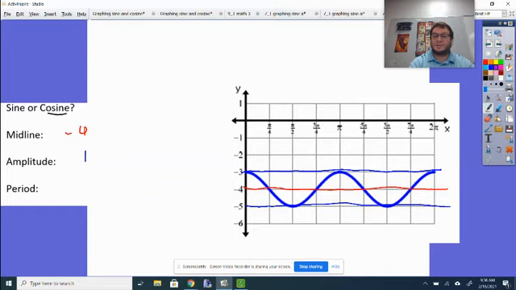You just follow your curve until that repeats. It's not repeating here because here I'm going up. So I want to find a spot where I'm starting at the midline and going down, which is right here. So my end is right here at 2 pi.